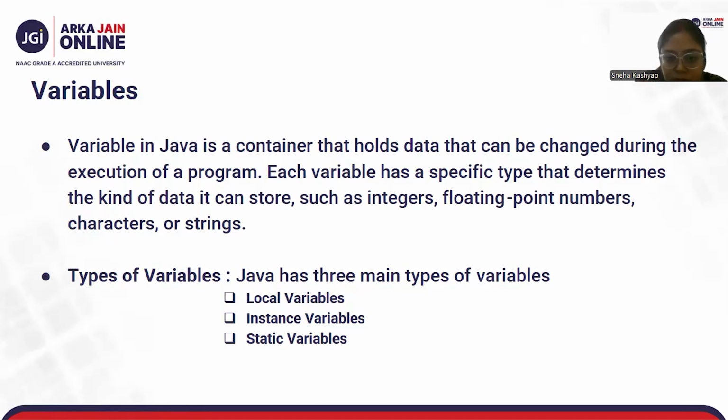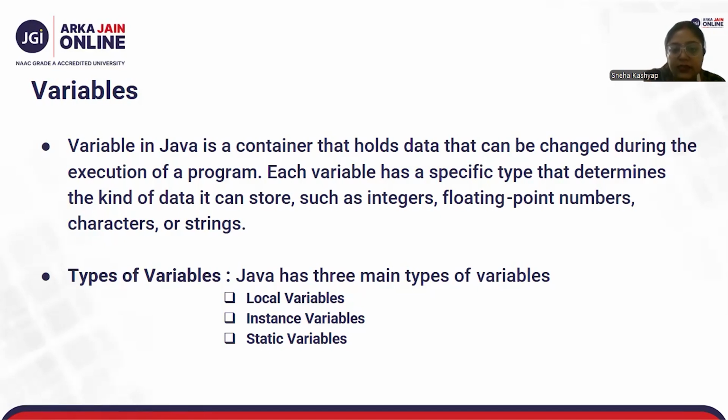Local variables are only accessible within that method, constructor, or block. The instance variable is declared within a class but outside any method or block, as said earlier, and is associated with an instance of a class and accessible within any method of the class. A variable declared with the static keyword within a class is called a static variable.